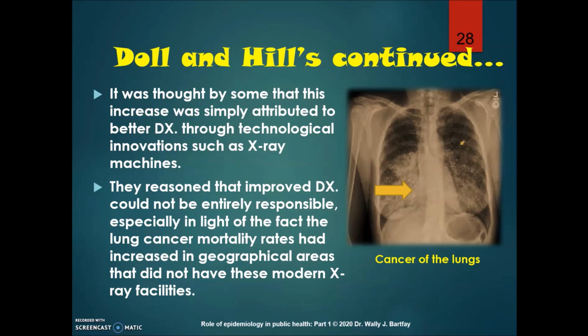They reasoned that improved diagnosis could not be entirely responsible, especially in light of the fact that lung cancer mortality rates had increased in geographical areas in England and Wales that did not have these modern X-ray facilities. So something else had to be occurring.